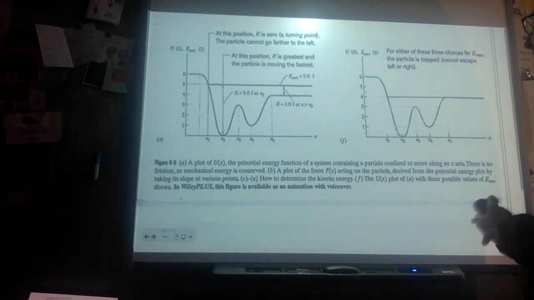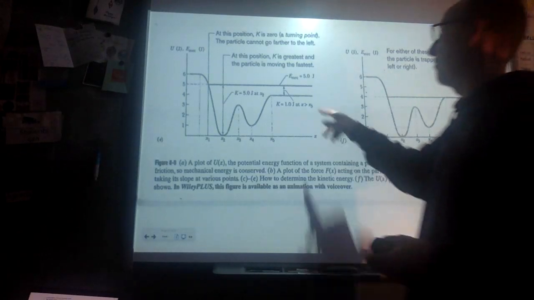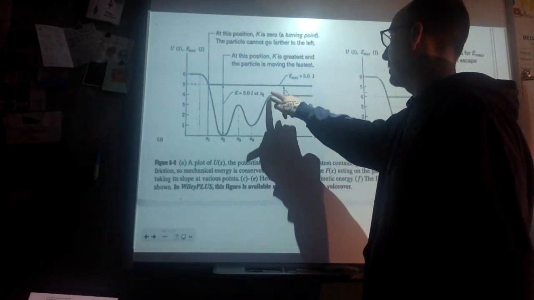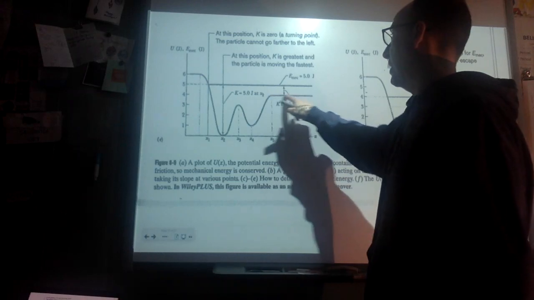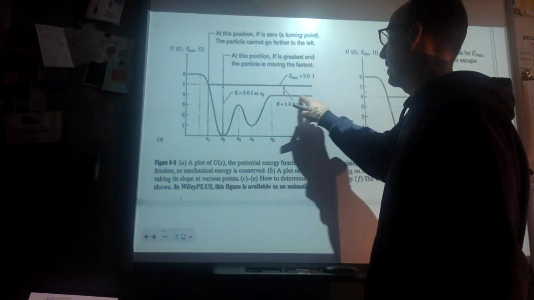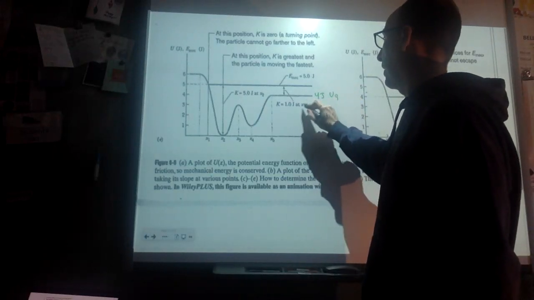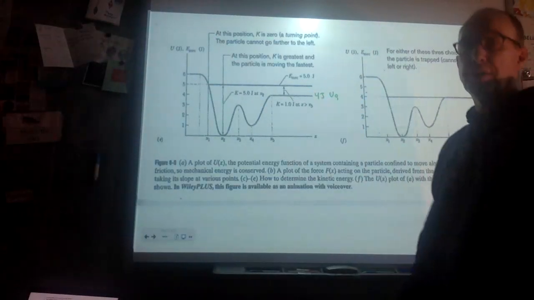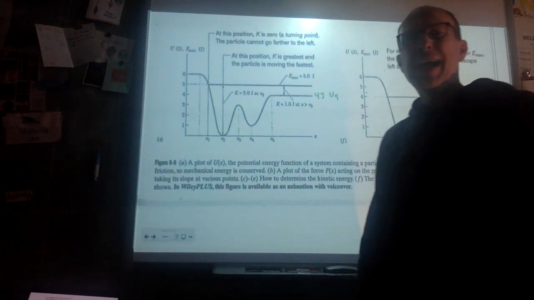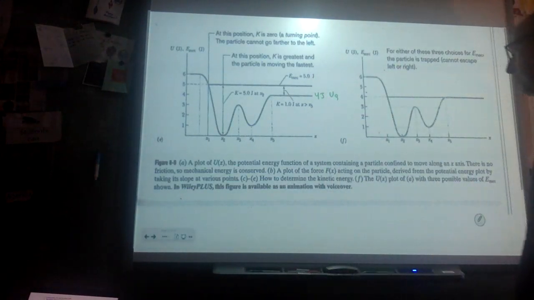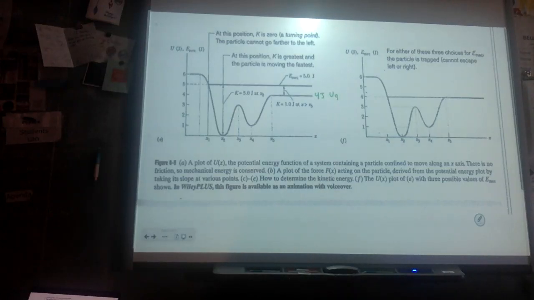So they're saying this is our 5 joules of mechanical energy, and at this point here, that's 4 joules of potential, then I must have 1 joule of kinetic. And they have moving graphics in the video that'll hopefully make a lot more sense.